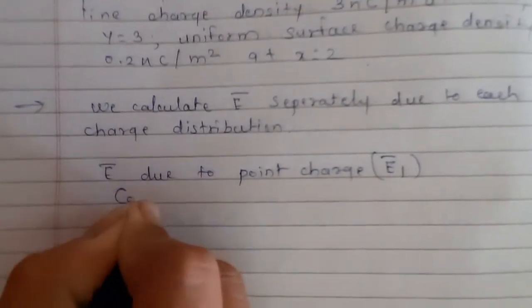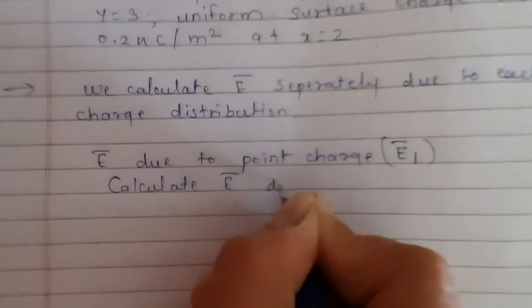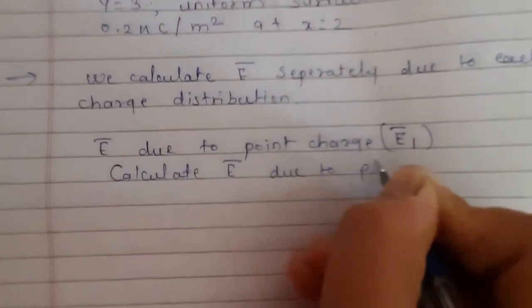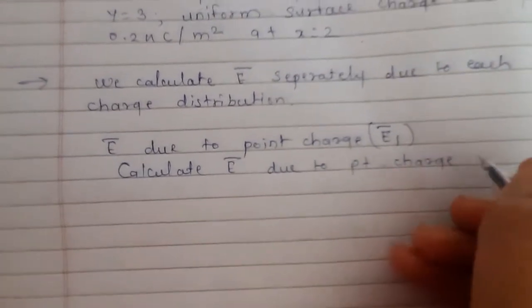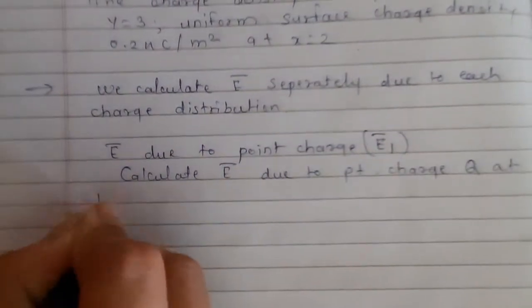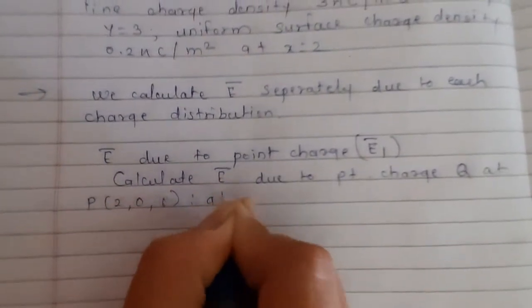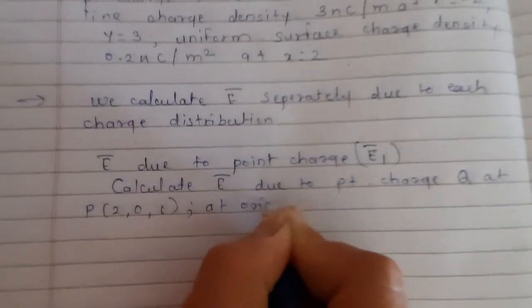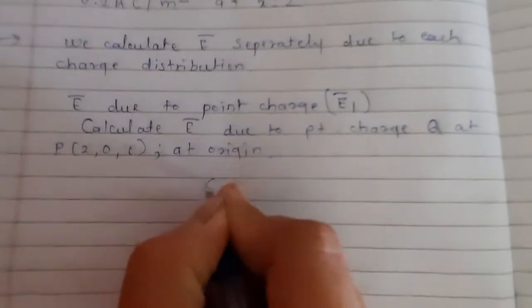So here we calculate E bar due to point charge Q at P(2, 0, 6), and the origin, and we draw the diagram for this.